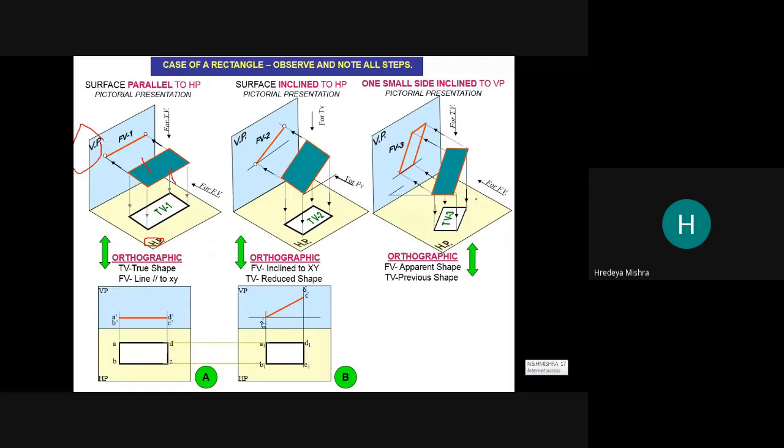Now see, the front view is an apparent shape and the top view is a reduced shape, because we don't get the proper or correct dimensions here. So that is our rectangle.